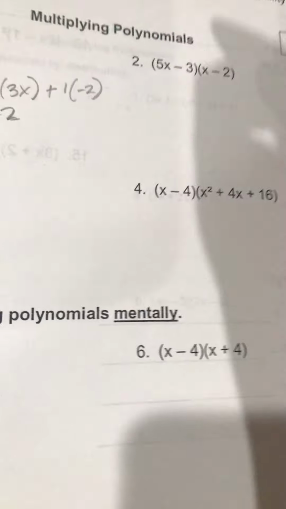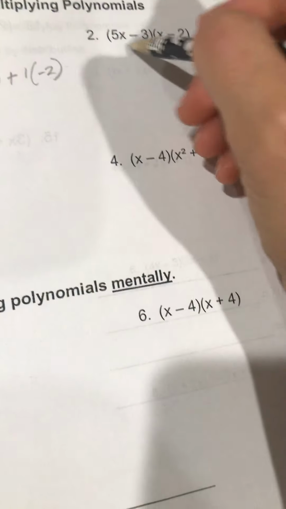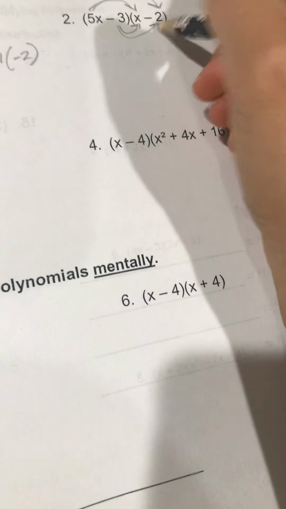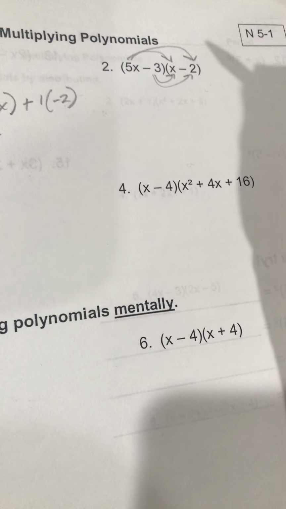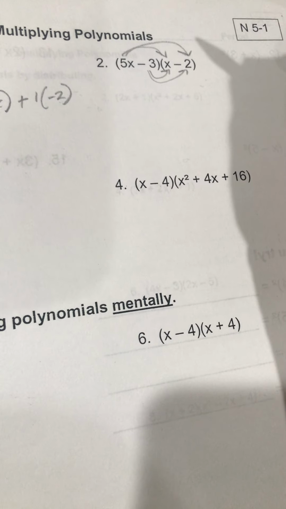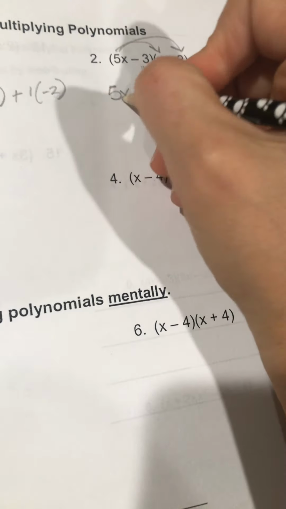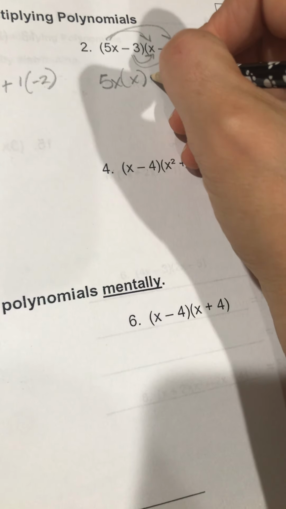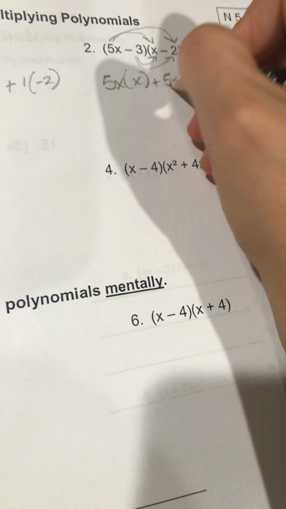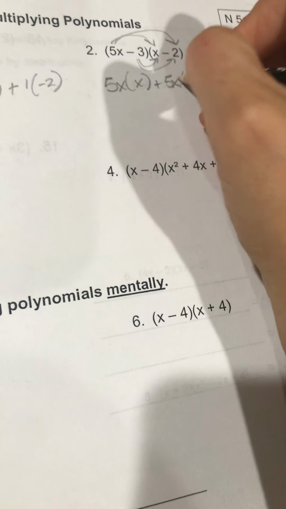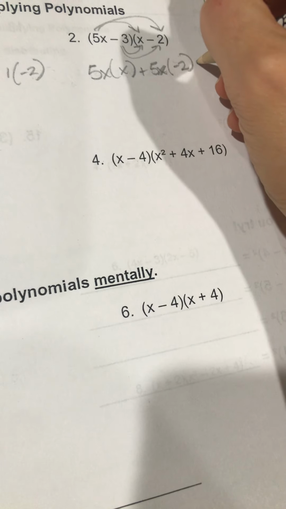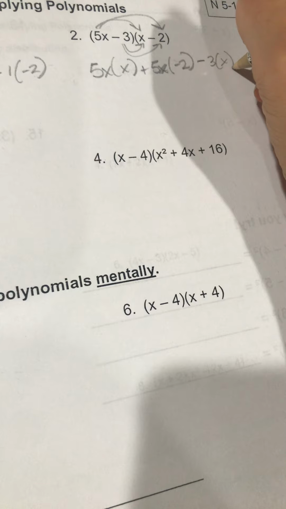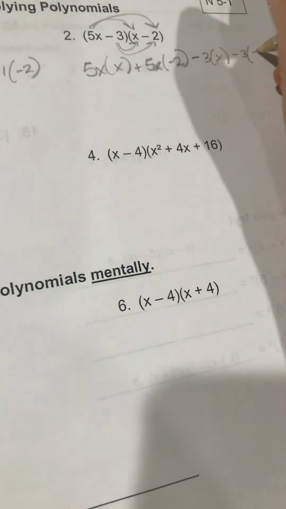Okay, so let's look at number 2. Here we go, let's draw it out. 5x times x, plus 5x times negative 2, minus 3 times x, minus 3 times negative 2.